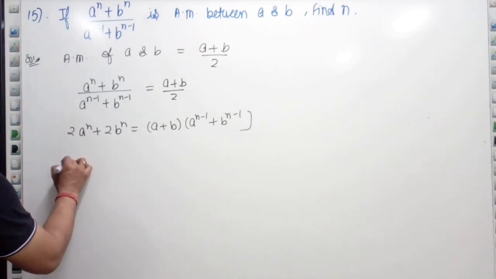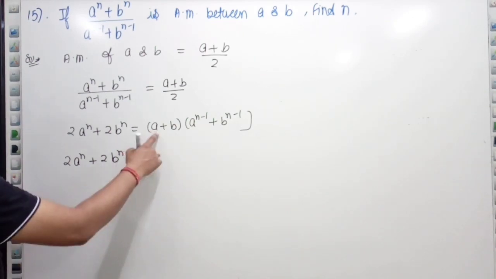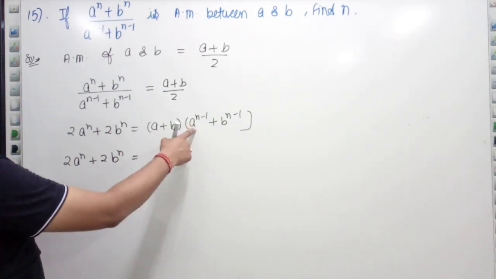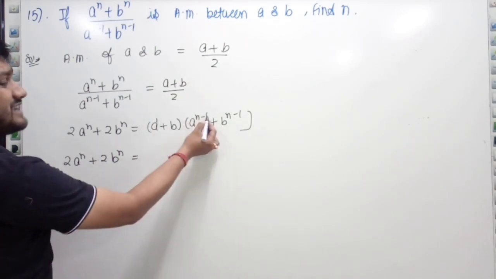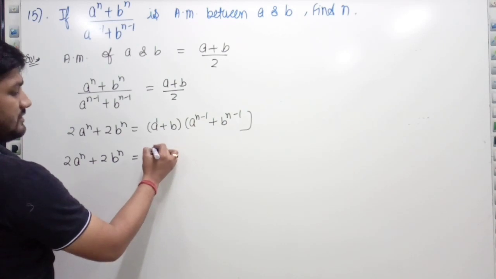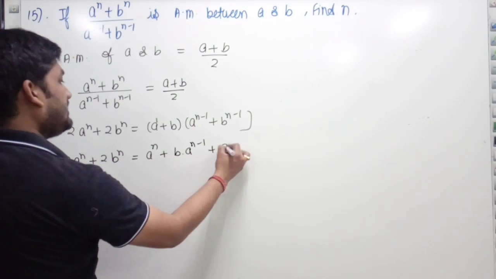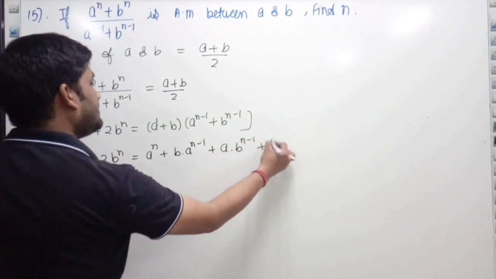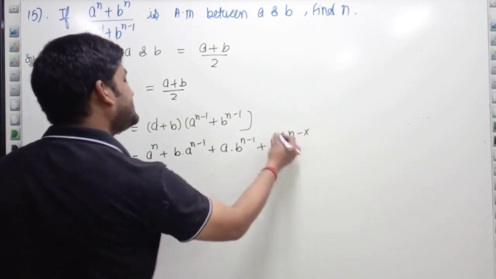So 2a की power n plus 2b की power n. Now a की power n, a is multiplied by a की power n minus 1. बेस सेम होता है तो प्रोडक्ट ऑफ पावर ऐड होती है. 1 plus n minus 1 will be n. b into a की power n minus 1, a into b की power n minus 1 plus b, 1 plus n minus 1 means n.